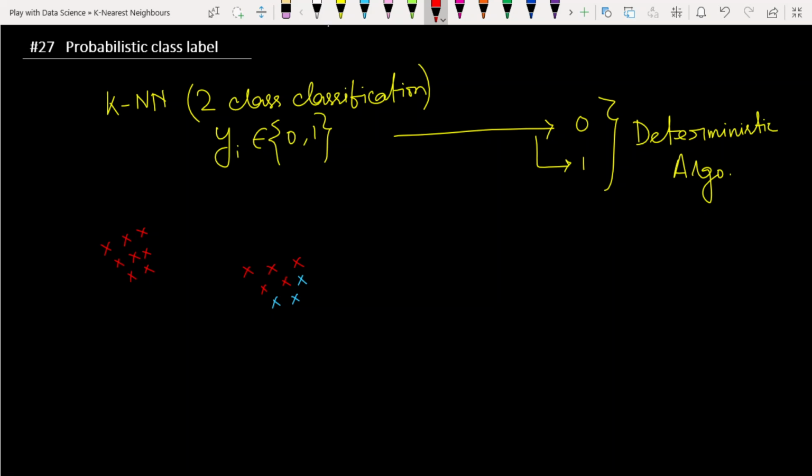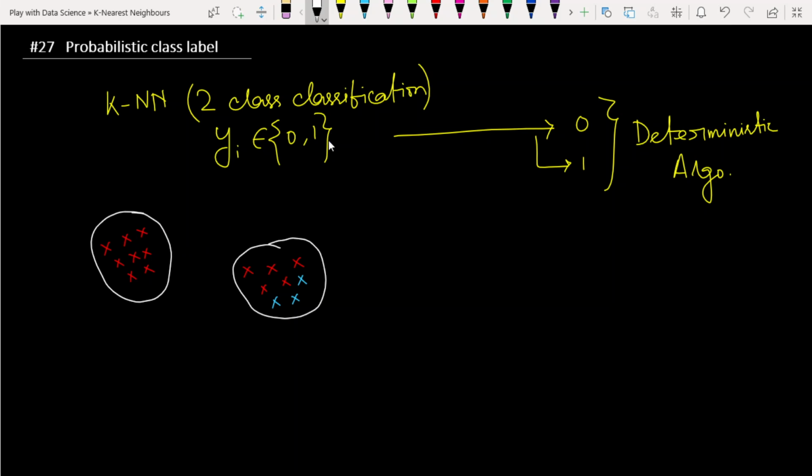This is one cluster of data, and this is another cluster of data, and in each cluster the number of points is equal: 1 2 3 4 5 6 7 8, 1 2 3 4 5 6 7 8, and here also 1 2 3 4 5 6 7 8.